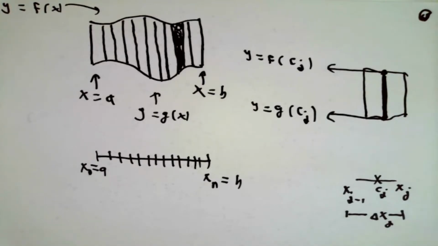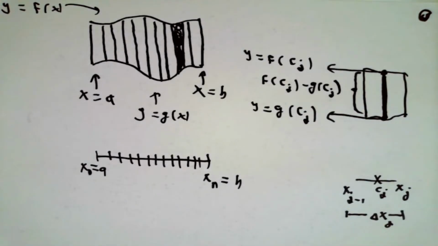Using my representative x value for subchunk number j, the top will be characterized by having y coordinate f of cj, while the lower part will have y coordinate y equal g of cj. To get the height, I do the upper minus the lower, just as we did on the number line. The way I calculate the area of a rectangle is I take the positive base length and multiply it by the positive vertical height.